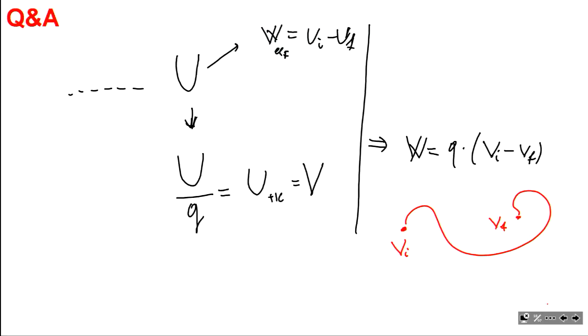And in a couple of problems at home, you also use the fact, well, this is a specific work done by electric field, but if nothing else is acting, only electric field on the charge is acting, in that case, the change in the kinetic energy, which has to be equal to the net work done, also will be equal to work done by electric field if nothing else is acting, which is this.